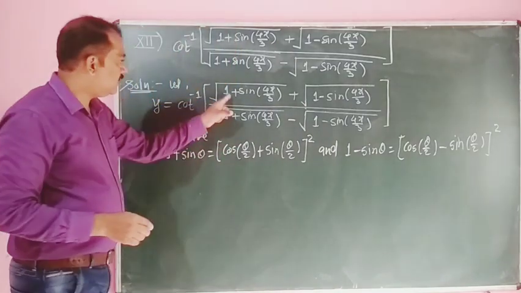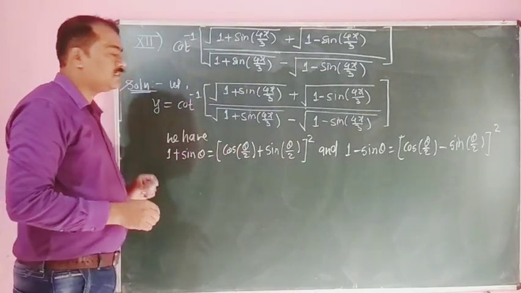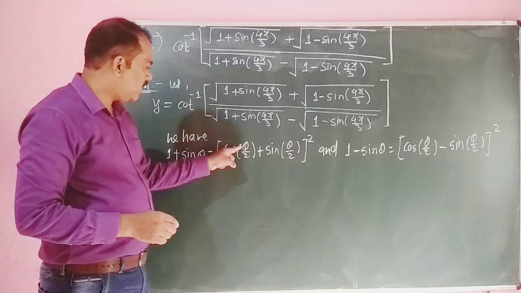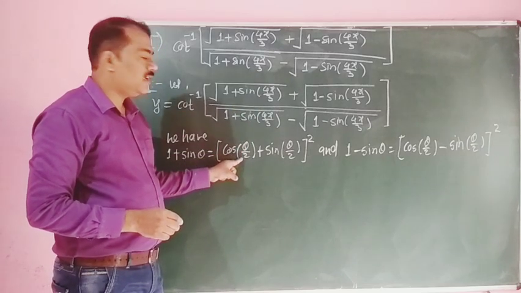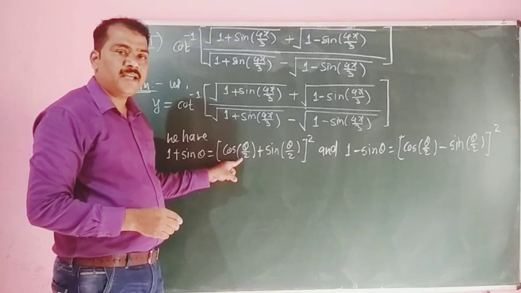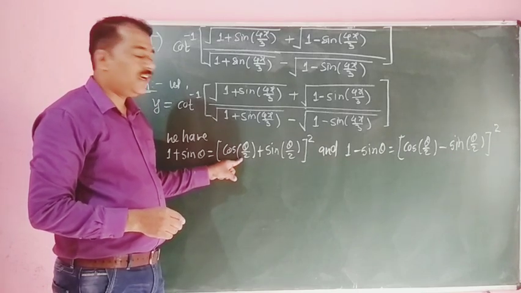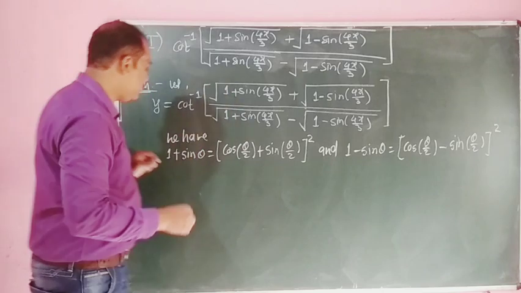If you compare this, theta is nothing but 4x by 3. Here we require its half, that is 4x divided by 6. So here we use these formulas.